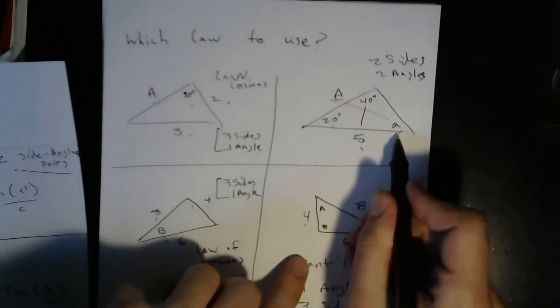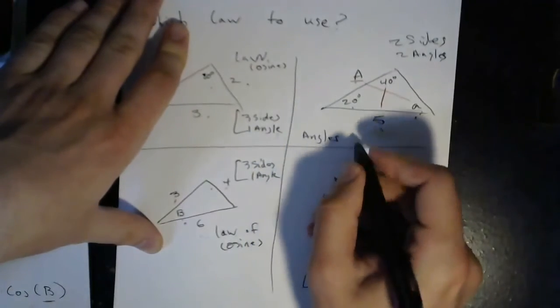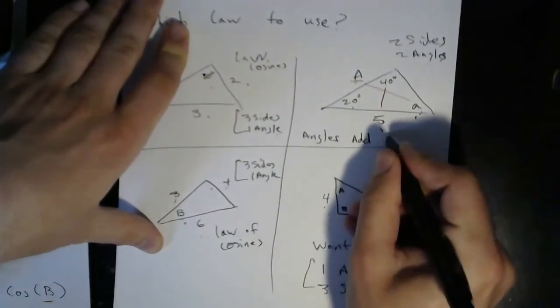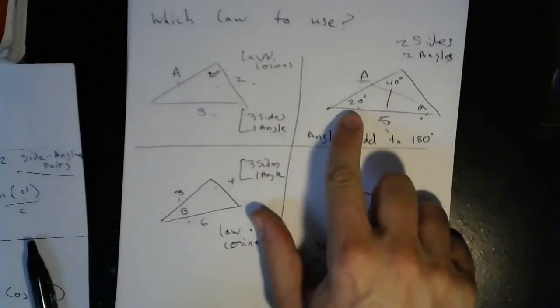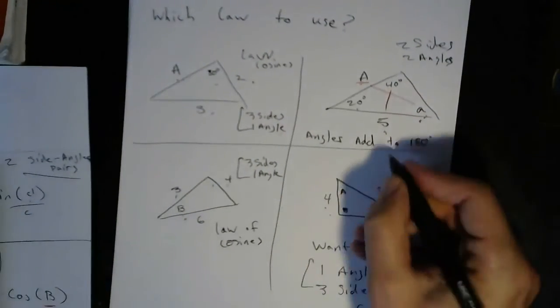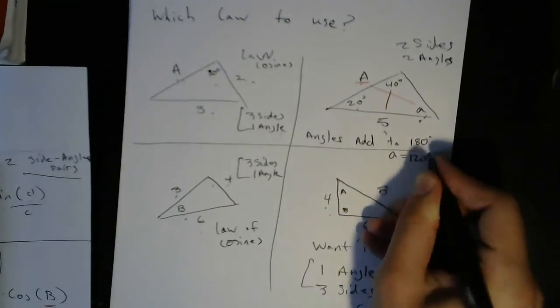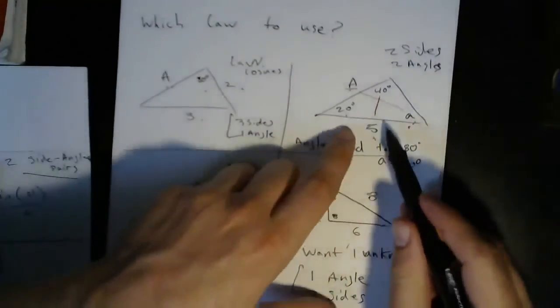However, we can actually figure out little a. Remember that angles add to 180 degrees. So 20 plus 40 is 60, and in this case, A is going to be 120 degrees. These triangles are not drawn to scale, by the way, so it wouldn't actually look like this.